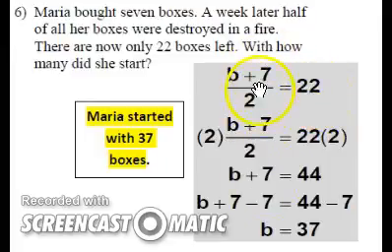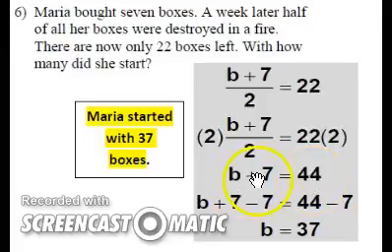So since we're dividing this expression by 2, in order to undo that, we have to do the opposite. Remember, we want to multiply both sides by 2. Okay, 2 divided by 2 gives you that 1, so we get rid of our denominator that way. So we got b plus 7 on the left side of the equation. And since we're multiplying by 2 on this side, we got to do the same thing on that side. 22 times 2 is 44.